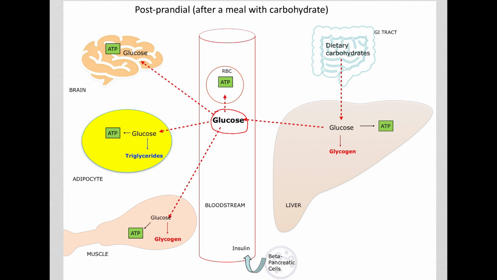In fact, your glucose can go as high as 120 to 140 or so milligrams per deciliter. Because of very high glucose, this is the state where you see insulin release. The beta pancreatic cells will release insulin only if your glucose is very high, and that means only after a meal. So that's when we see insulin release after a meal.